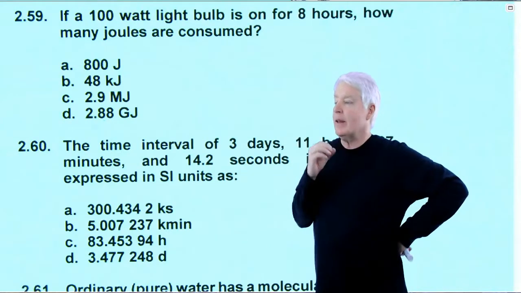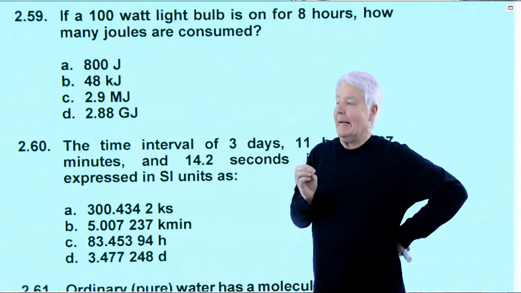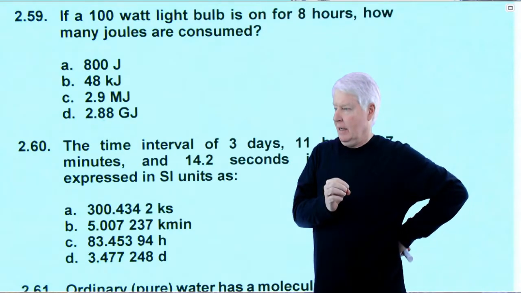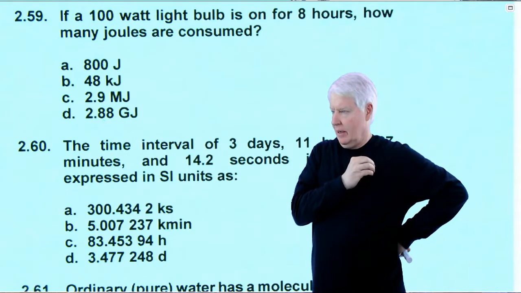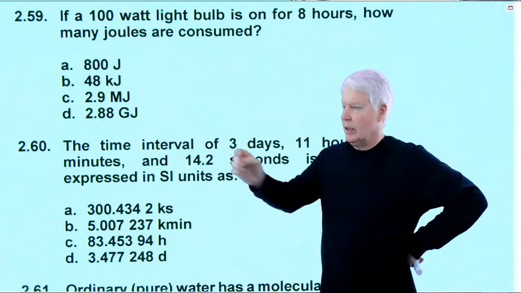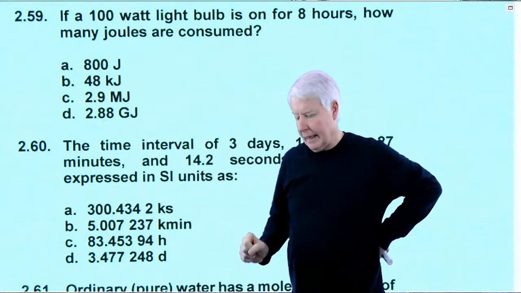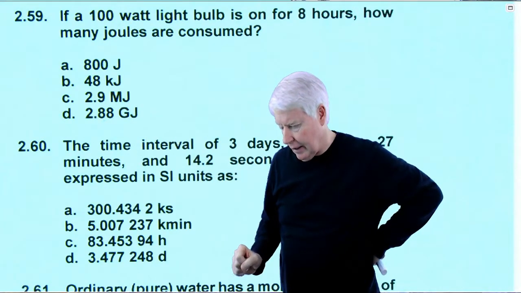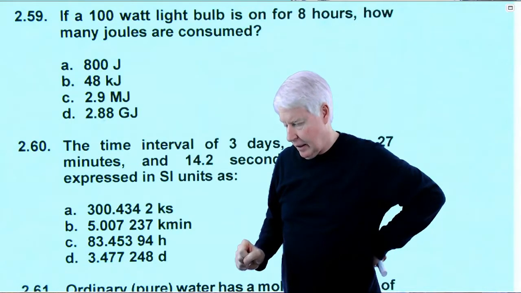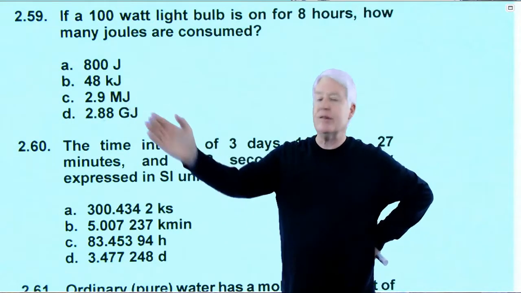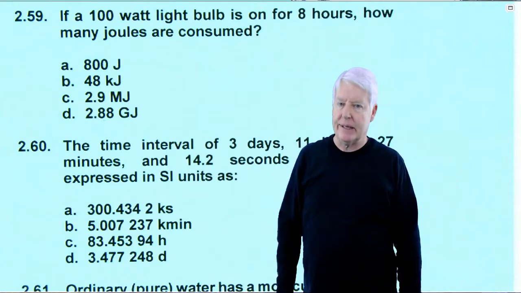But remember, this was 2,880,000. And so we're looking for 10 to the 6th, which is mega. Giga is 10 to the 9th, I believe. Yes, it is. So the correct answer here will definitely be C.